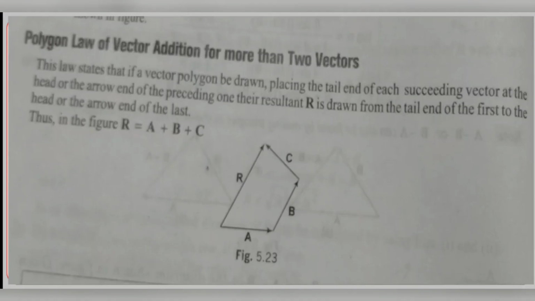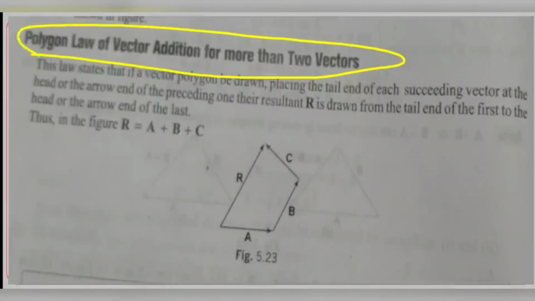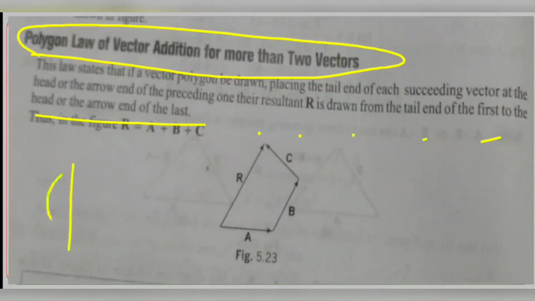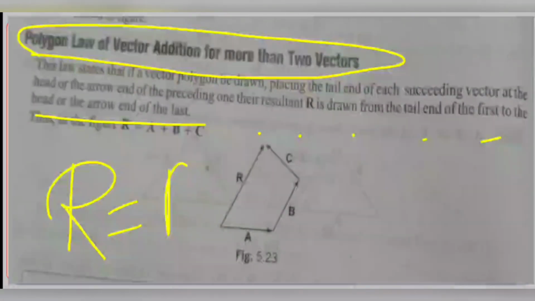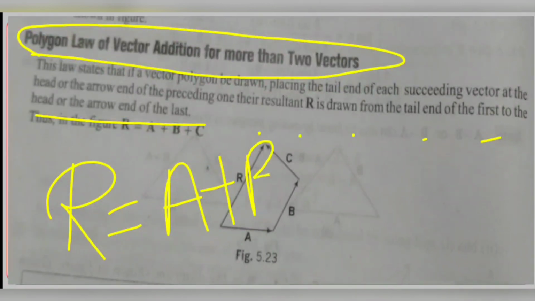Here we come to the polygon law of vector addition for more than two vectors. This law states that if a vector polygon is drawn placing the tail end of each succeeding vector at the head of the preceding one, the resultant is drawn with the tail of the first and the arrow at the end. So it is r equal to a plus b plus c.